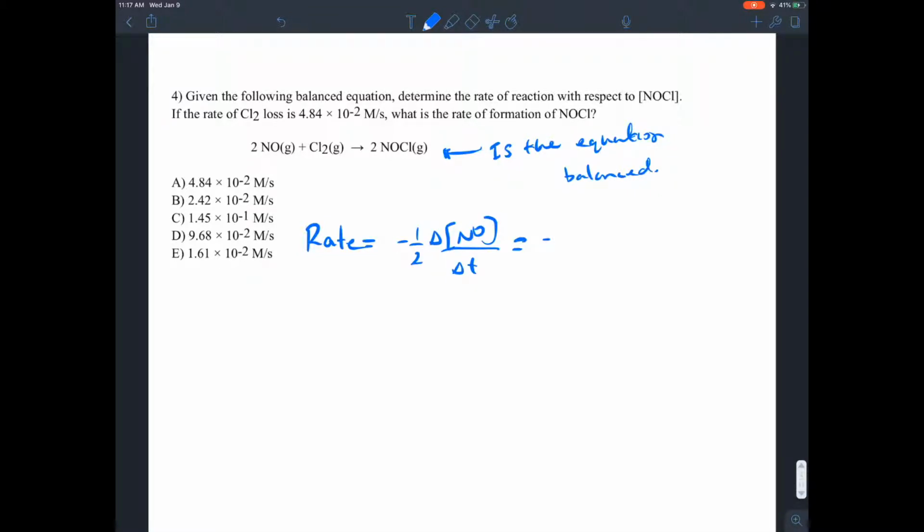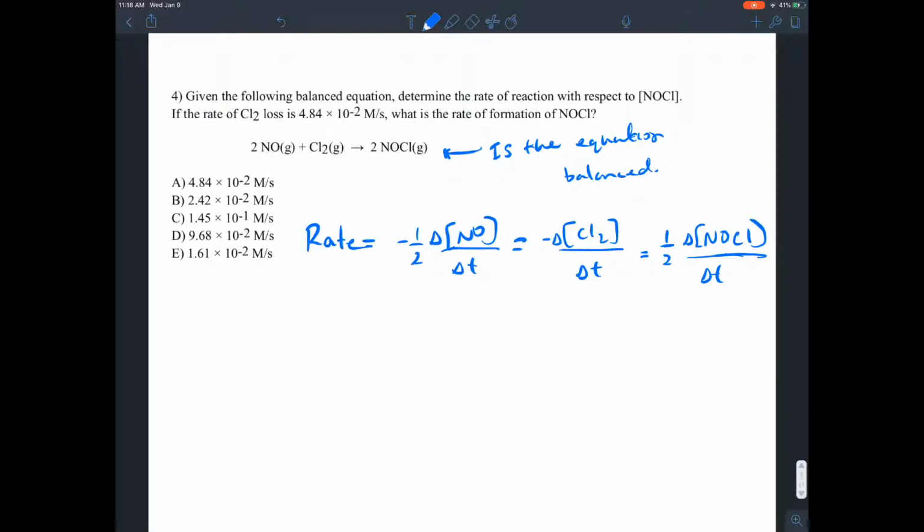It is going to be negative, however. That's going to be delta Cl2 over delta T. Forgot to put the delta there. And our final one is going to be a positive value because we have a product with a fraction in front of it, 1/2, delta NOCl. Let me fix that. Over delta T.